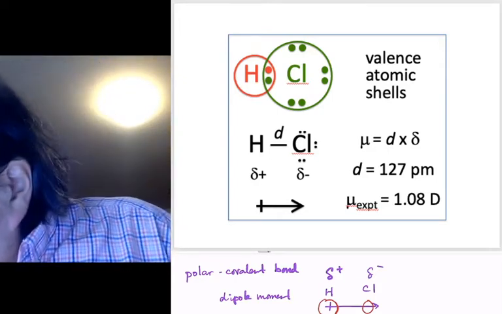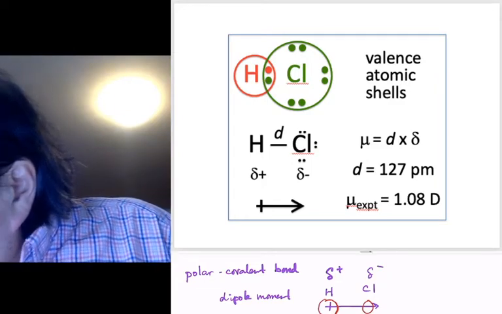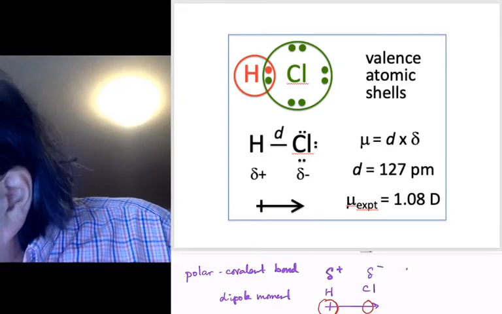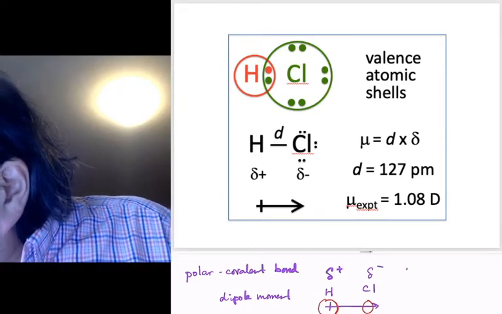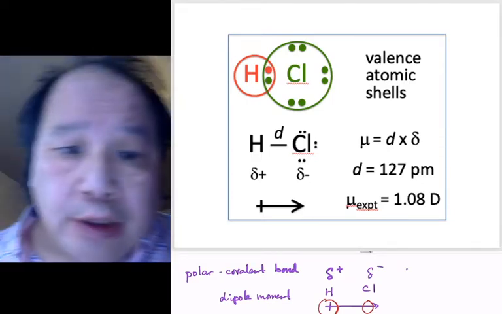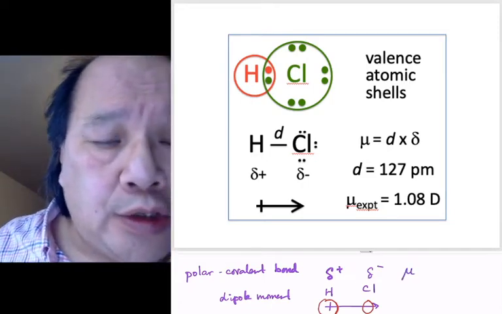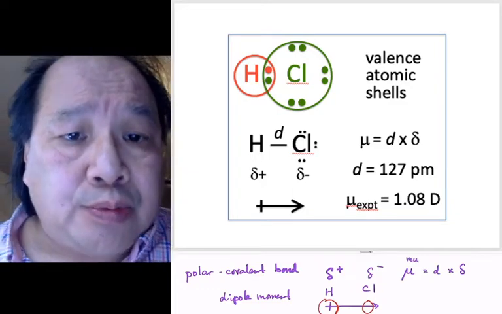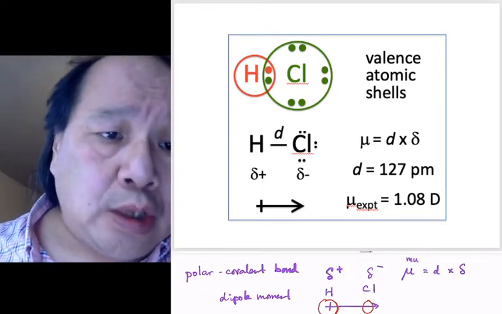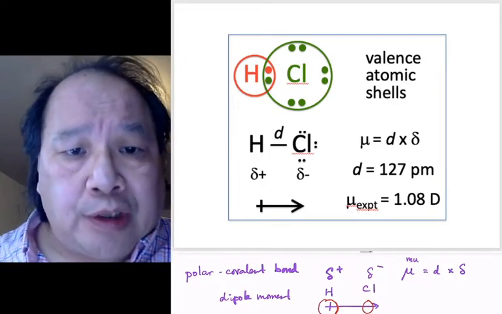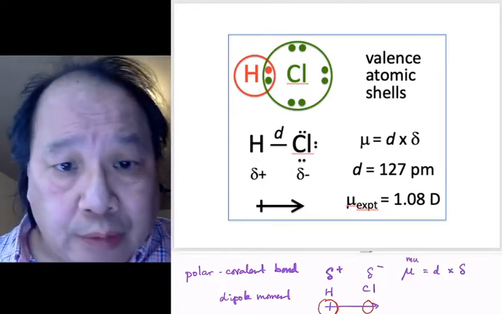And the dipole moment is exactly defined by the equation mu. Dipole moments go by the Greek letter mu, equals d times delta. Delta is the charge difference between the two atoms, and d is the distance between the two atoms, which is conventionally drawn from nucleus to nucleus. And the important thing about the dipole moment is that it is measurable.